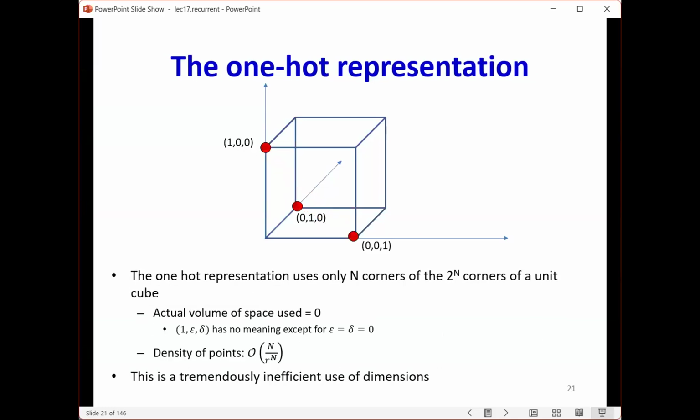But then this comes at a cost. It's extremely sparse. Look at this. If I have 100,000 words in this 100,000 dimensional space, I am using only 100,000 points. Look at it this way.